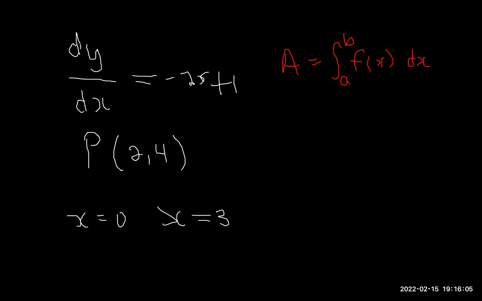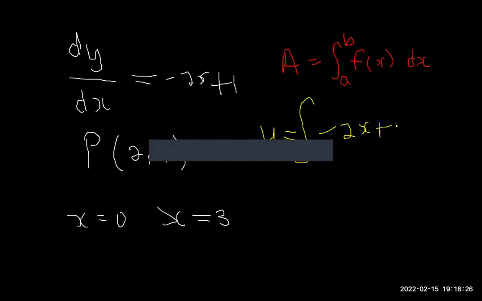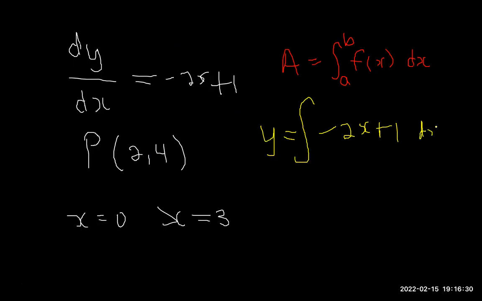The expression here is minus 2x plus 1, so y is equal to the integral of minus 2x plus 1, with respect to x, so you put your dx. Like I said, we did all this already when we were doing application of indefinite integration. This is nothing new.